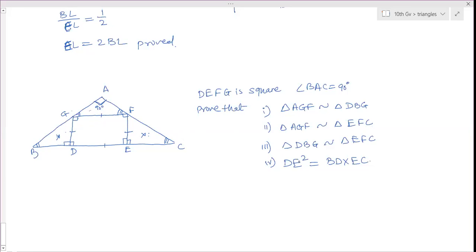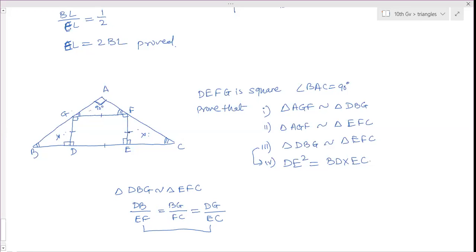And then after that, now when we prove these two triangles similar, from the third part, the fourth one, explain it. Take the ratios. Triangle DBG is similar to triangle EFC. So take the sides ratio: DB by EF is equal to BG by FC is equal to DG by EC. Now what you need? BD we need and EC we need. So we have to cross multiply: BD into EC is equal to DG into EF.